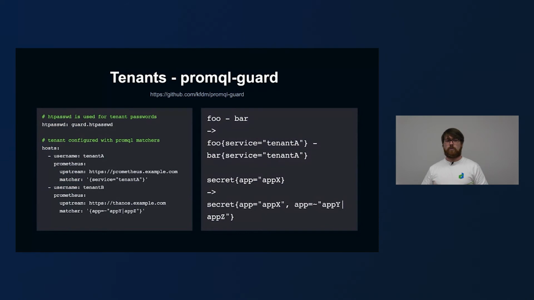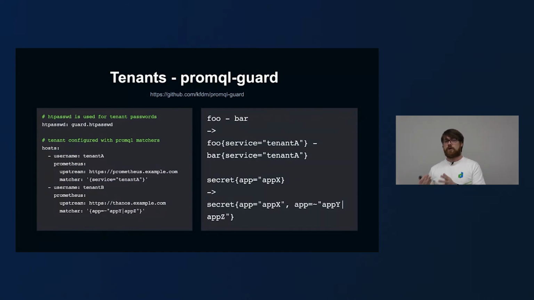So for example, what we might have is an HTTP password list of all of the tenants that we want to allow. This is the same as Nginx or Apache; it's the same htpasswd format. Then under that, we might configure multiple tenants, tenant A, tenant B. For each tenant, we might set a certain upstream Prometheus instance, but also the Prometheus matchers that we want to restrict to.